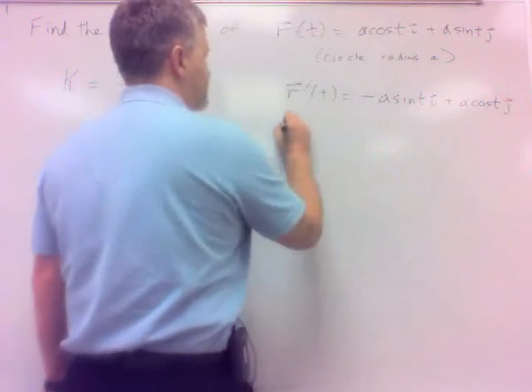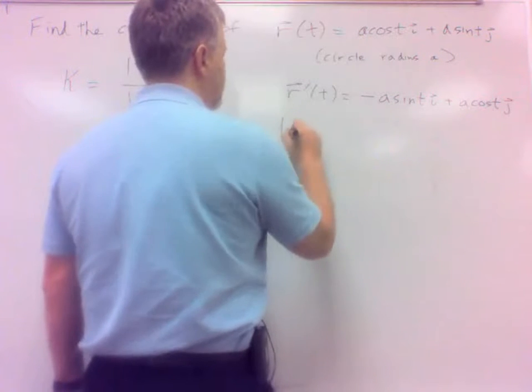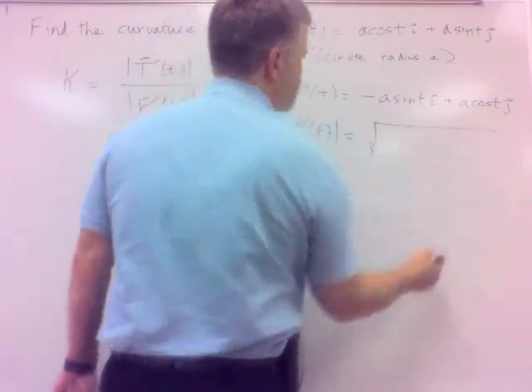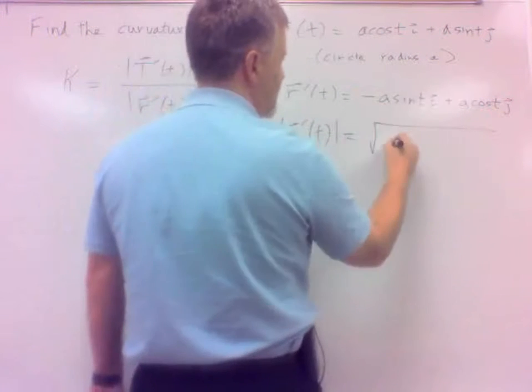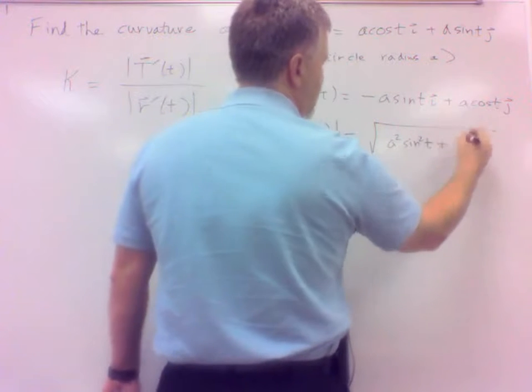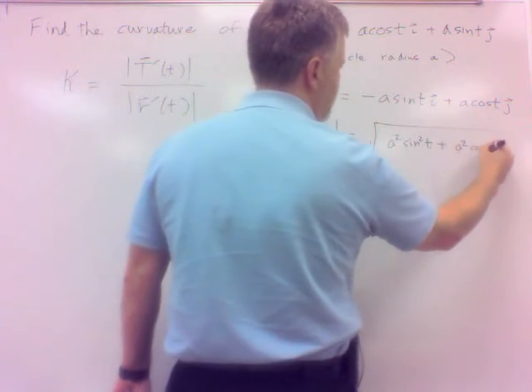And then the magnitude of that would be the square root of that squared, so that would be a squared sine squared, plus that squared, so that would be a squared cosine squared.